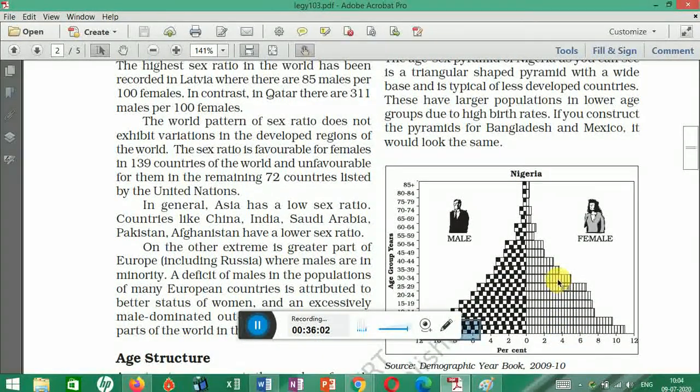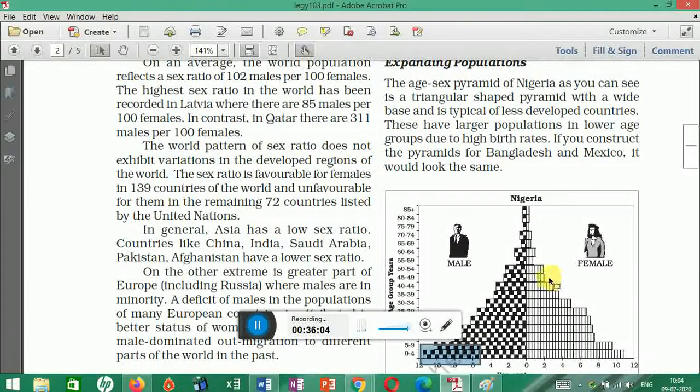The proportion of children is very high, whereas people in the older age groups are very few. As also mentioned here, such a type of pyramid indicates a high birth rate.